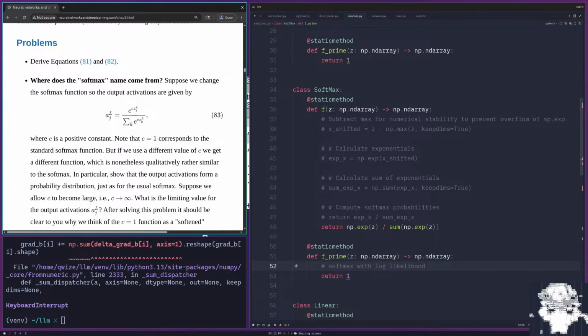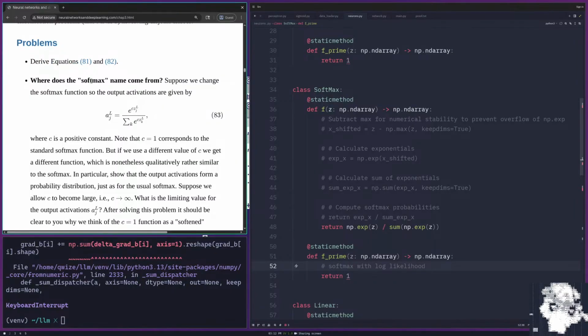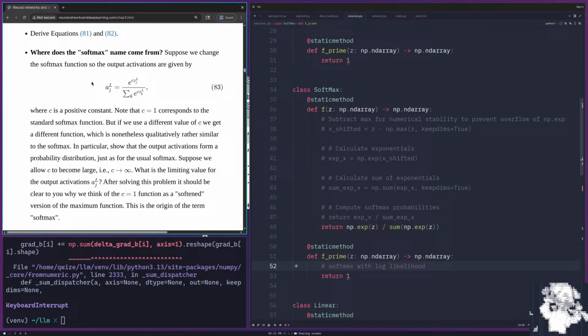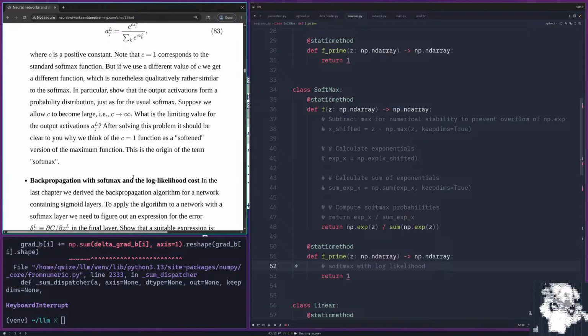Problems. Derive equations 81 and 82. No, thank you. Where does the softmax name come from? Suppose we change the softmax function so that the output activations are given by e to the cz, where c is a positive constant. Note that c equals 1 corresponds to the standard softmax function, but if we use a different value of c, we get a different function, which is nonetheless qualitatively rather similar to the softmax.